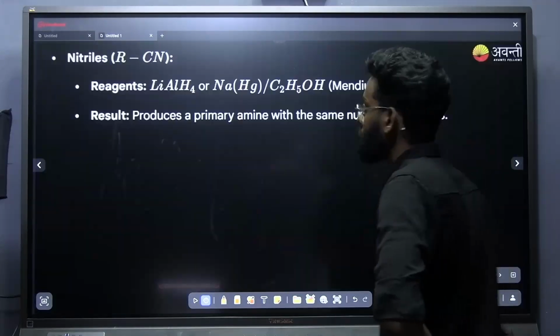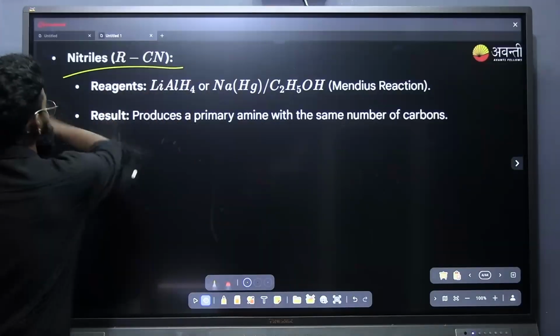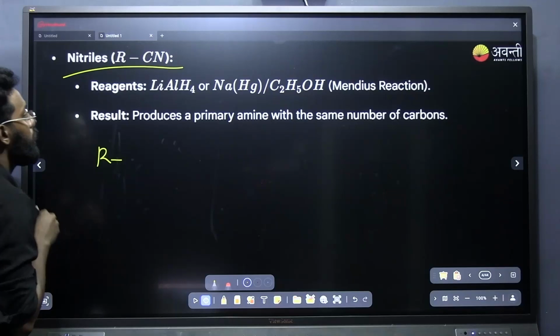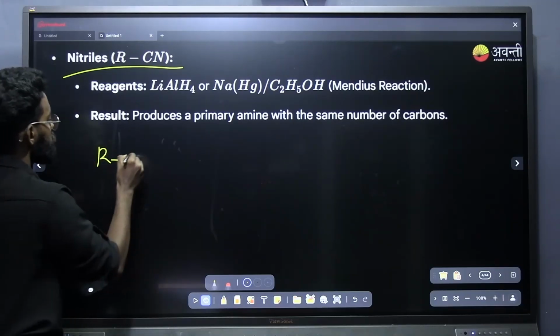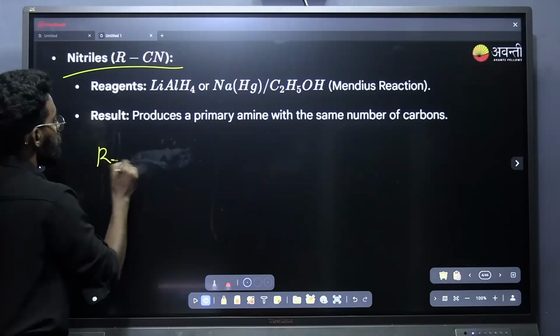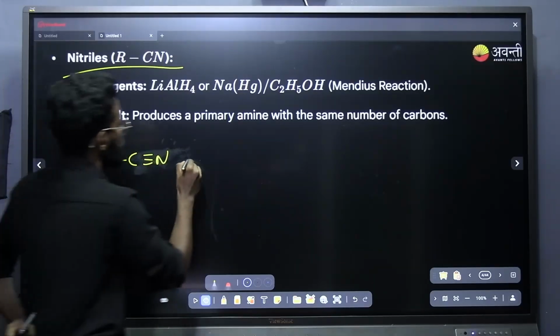Okay. From nitriles or cyanides, how can we prepare it? That is RC triple bond N, cyanide.